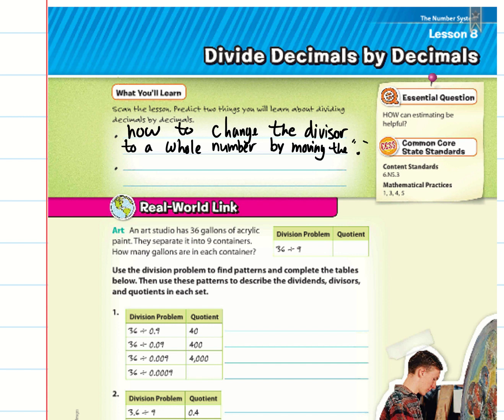That's my decimal point. And like we've been doing, how to annex zeros in the quotient and dividend when necessary.